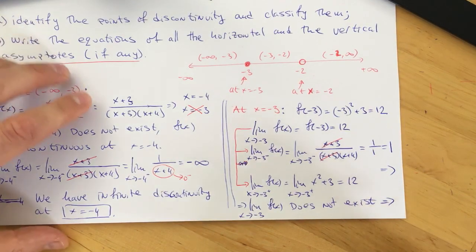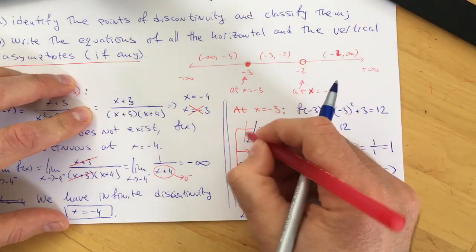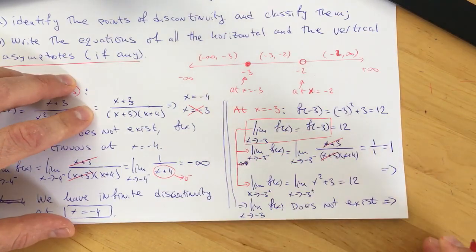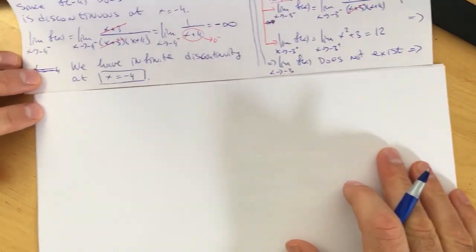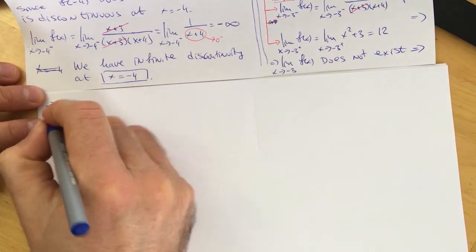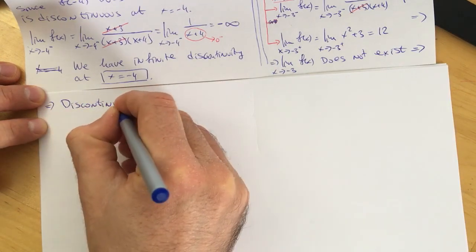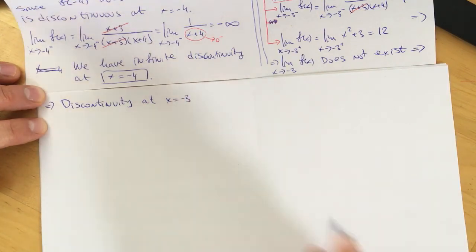Okay? And if the limit does not exist, then this equation right here cannot be satisfied. So that means that we have discontinuity at x is equal to negative 3.